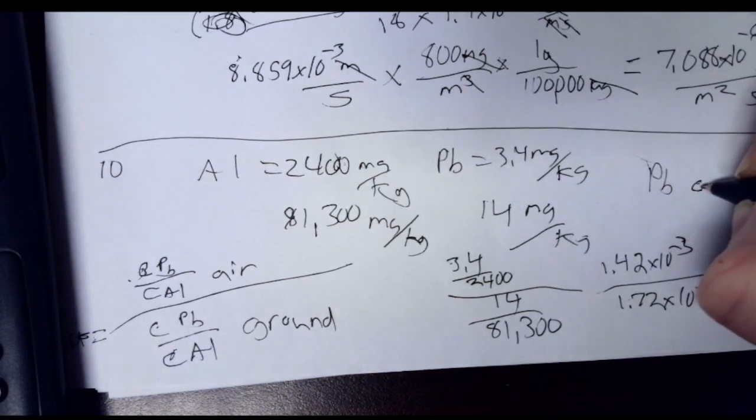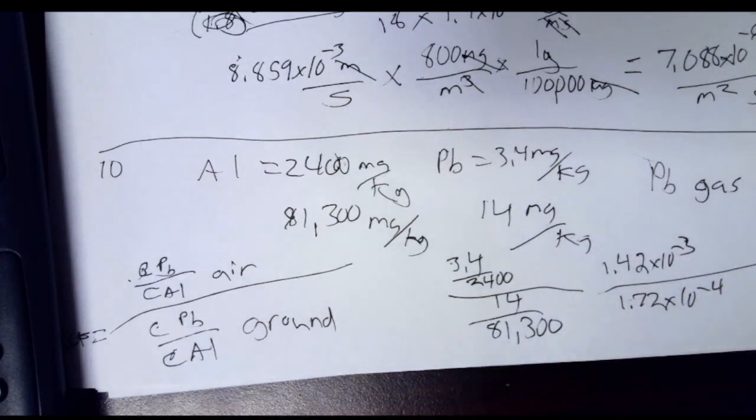Leaded gasoline is an ongoing and pervasive problem that produced a large amount of lead that coated the surface of many environments where lead would not normally be found. So that's probably the most likely reason why it's 8.22 or 8.23 times more concentrated than we would expect.